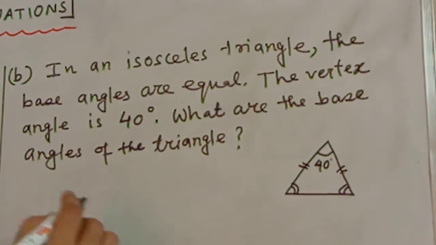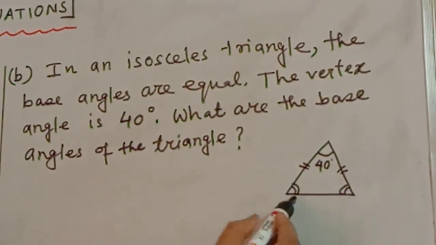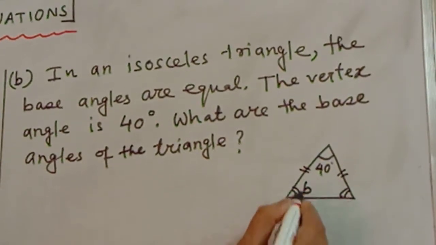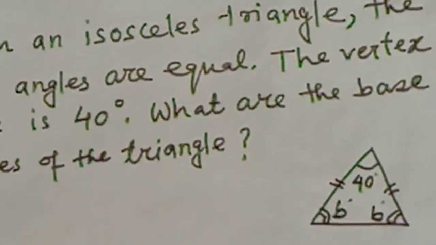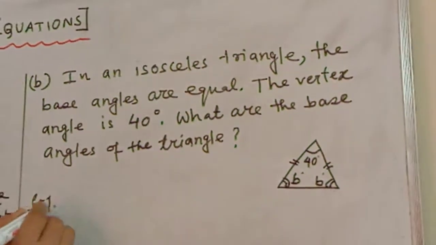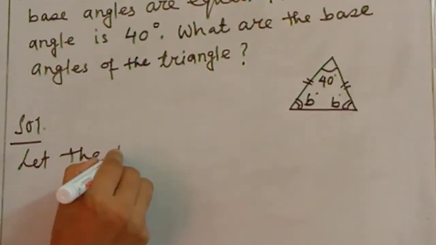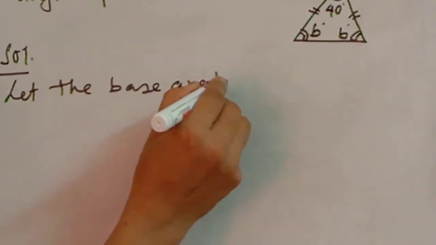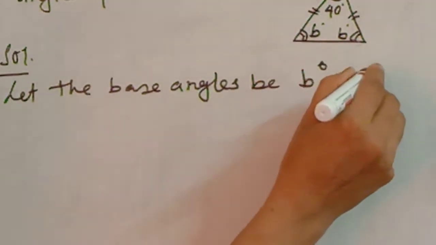As you don't know the base angles, you can take the variable for these angles, and these two angles are the same measurement, so say it is B degree each, as they are equal.